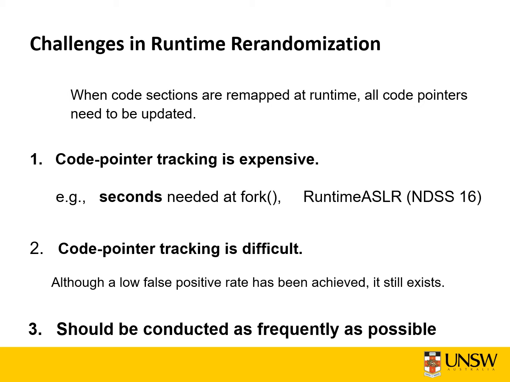Secondly, code pointer tracking is difficult. Although a low false positive rate has been achieved, it's hard to avoid. Third, to mitigate information disclosure, such as a format string vulnerability, runtime rerandomization should be conducted as frequently as possible. That is, it should be very fast.